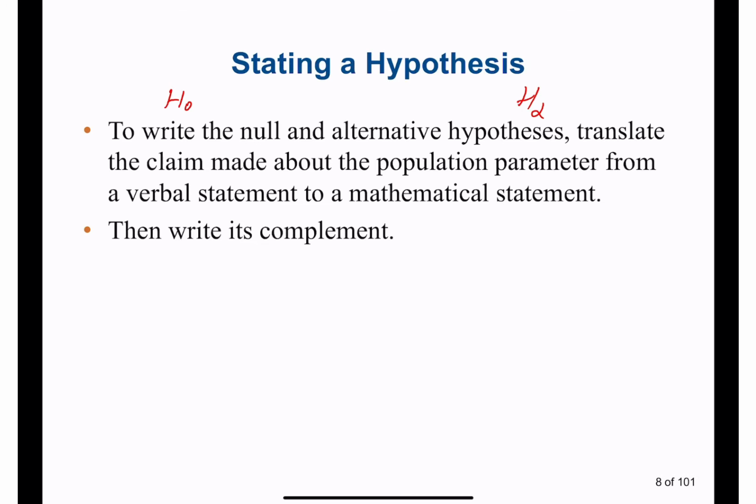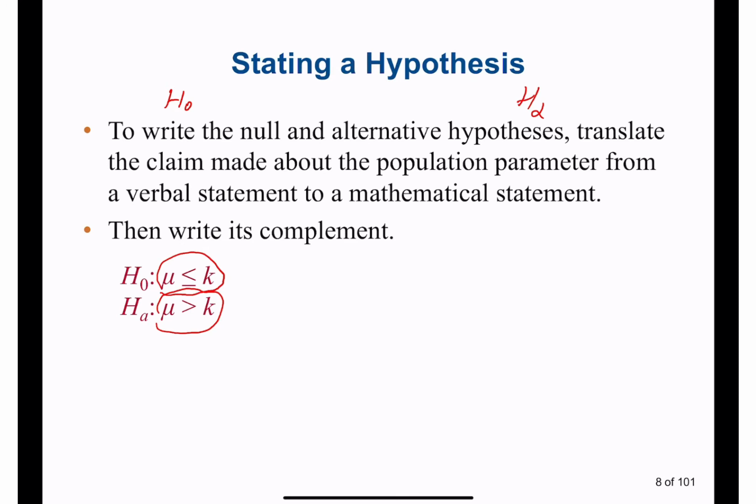So if it's given one, the other one we can write down. So let's assume it's given null hypothesis, this is a syntax, null hypothesis mu is less than k, this is k, a value that is claimed, then alternative will be mu is greater than k.